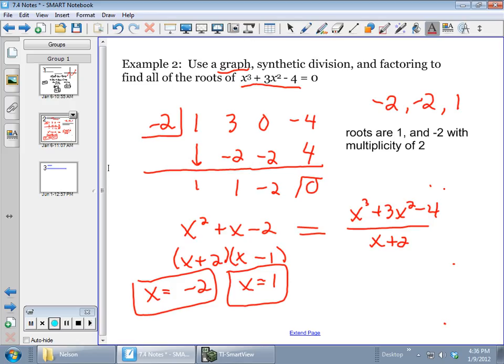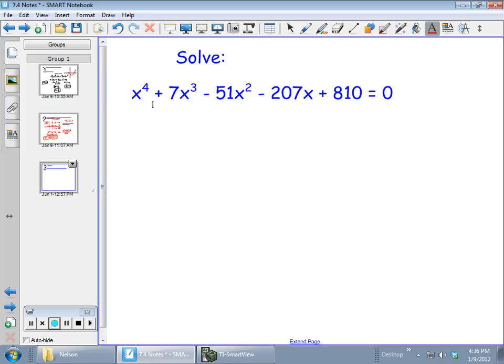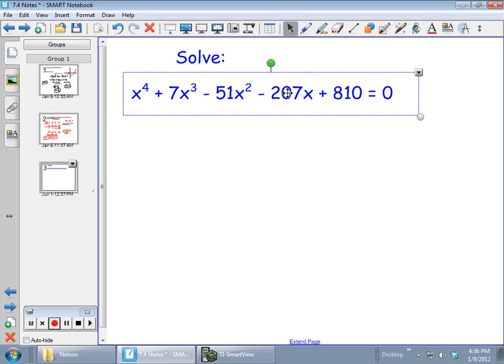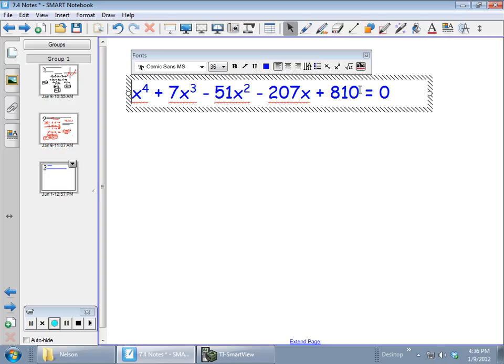Okay, so last example then for the day, it says solve this one. So once again, let's start by plugging it into our calculator. Excuse me. I'm going to see if I can copy and paste this so I don't have to type it into the calculator every time.